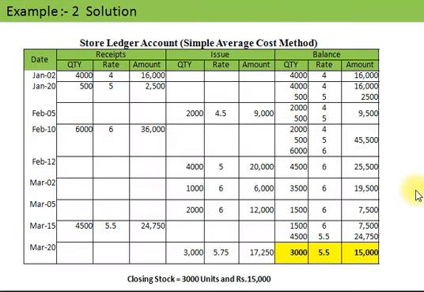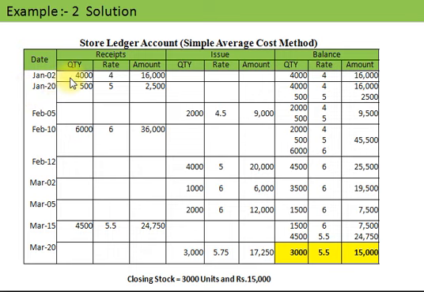Here is the solution: a store ledger account using the simple average cost method. Date, receipt, quantity, rate, amount, issue, quantity, rate, amount, balance, quantity, rate, amount. First transaction on 2nd January.